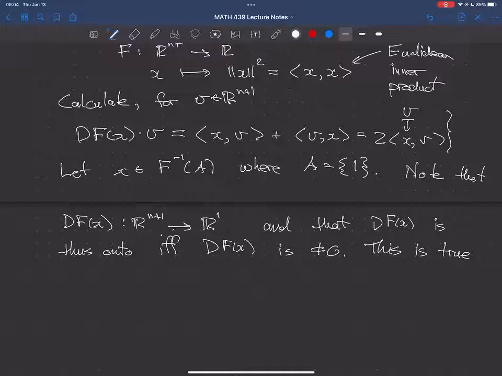So the linear map is just the map which fixes an x and takes the inner product of x with v and multiplies it by 2, but the 2 doesn't matter. When will that linear map be 0? What property should x have in order for that linear map to be 0?